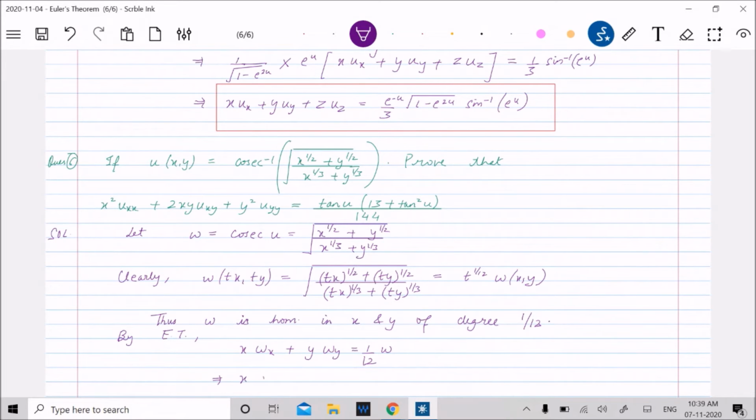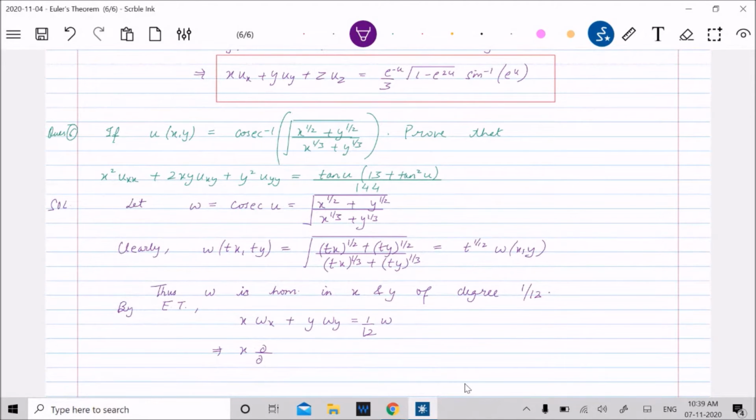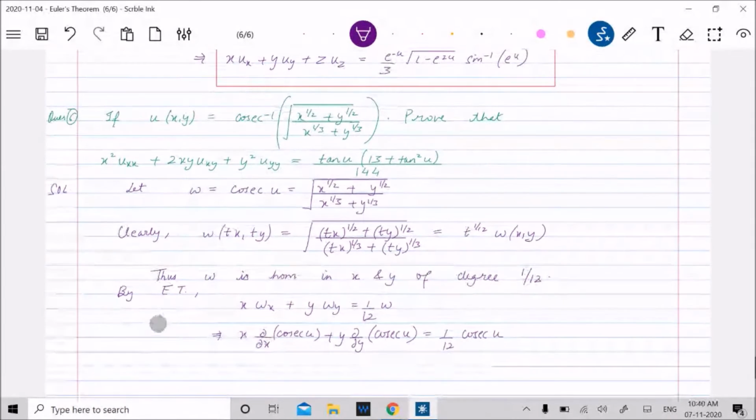So x del upon del x, and here you will be having the value of w, that is cosec u, plus y del upon del y of cosec u is equal to 1/12 cosec u. Fine. Now differentiate cosec u. What is the differentiation of cosec u?